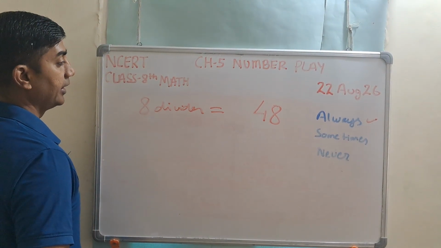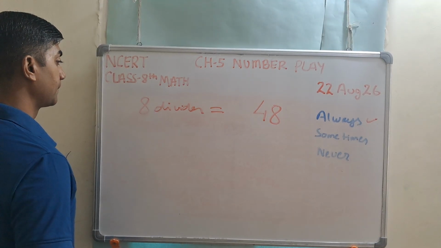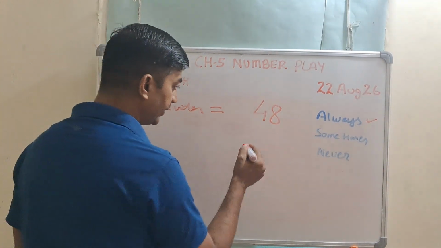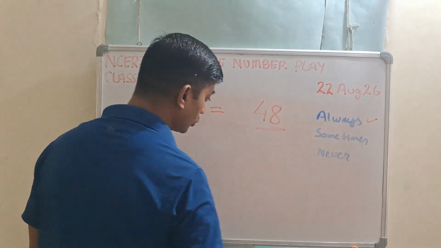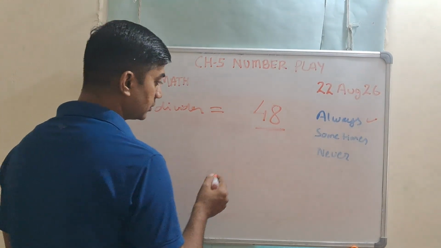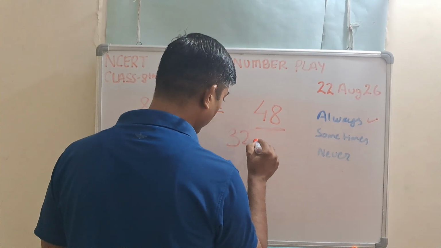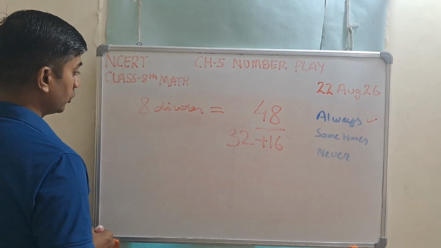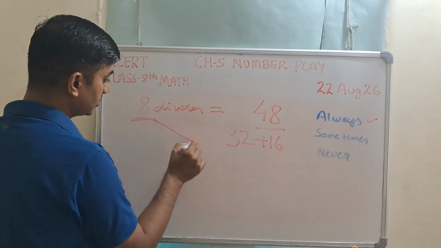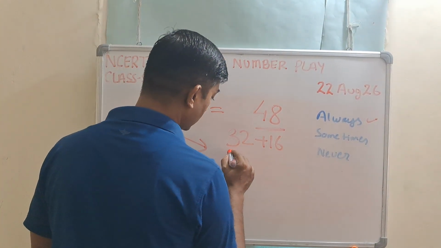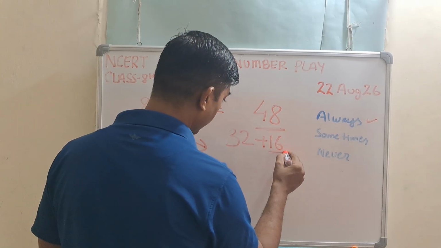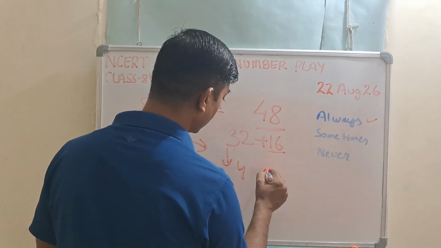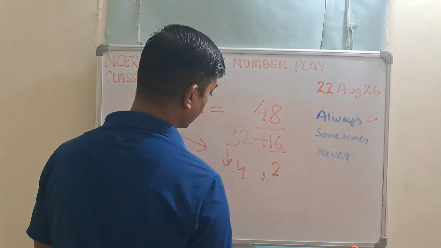Understood? And if we split 48 into a sum, that is 32 plus 16, we conclude that 8 also divides 32 and also divides 16, and the results are 4 and 2. Right?